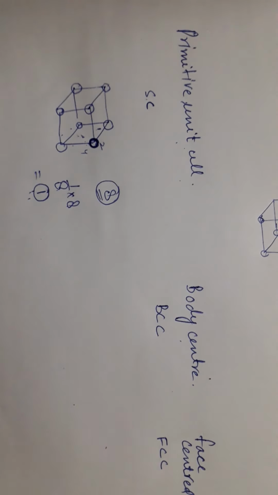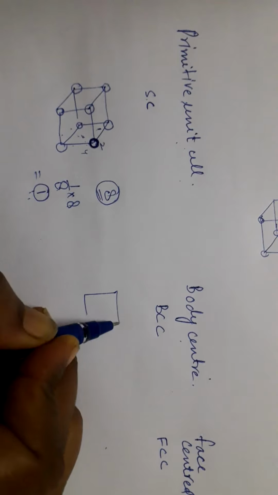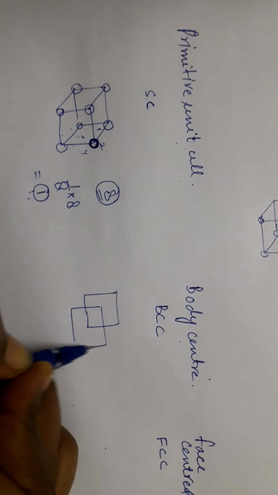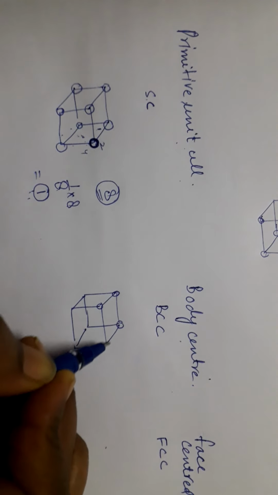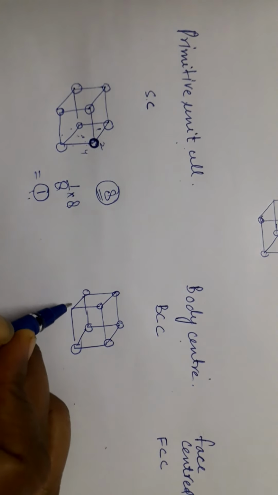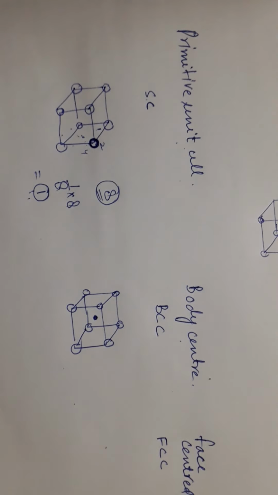And in the body-centered cube, again the atoms are present at the corners. Along with this, one atom is present inside, at the body center. Right?